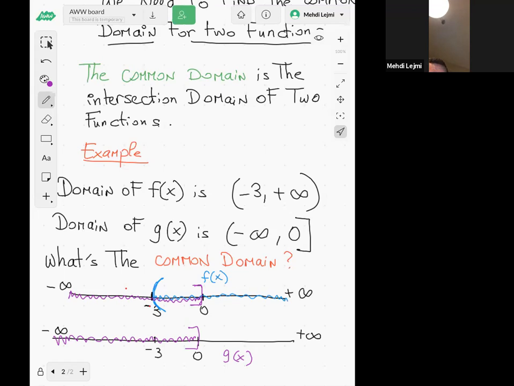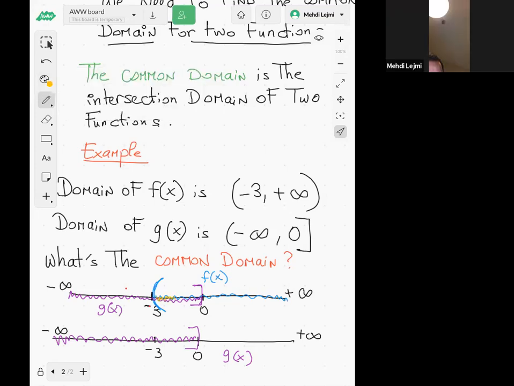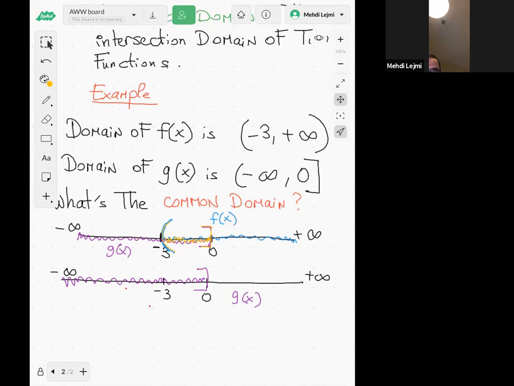So that will be this domain here, right? And the 0 is included, and negative 3 is actually excluded. Okay, so that's my common domain or intersection domain.